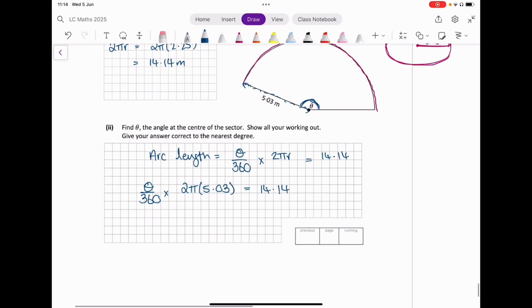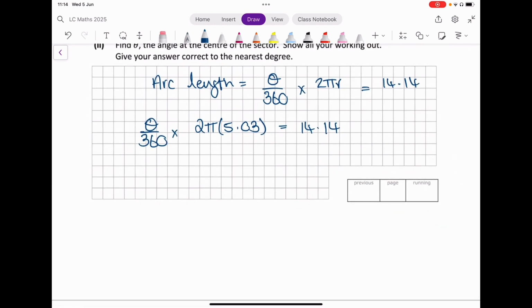All right. Now, I want to get theta on its own. So the first thing I'm going to do is multiply the entire thing by 360 to get rid of that fraction. So we'll multiply this side by 360, and we're going to multiply this whole side by 360. Okay. So they cancel out. They're gone.